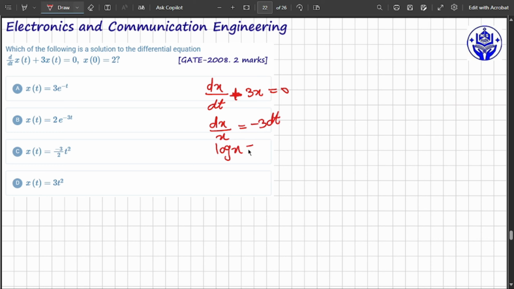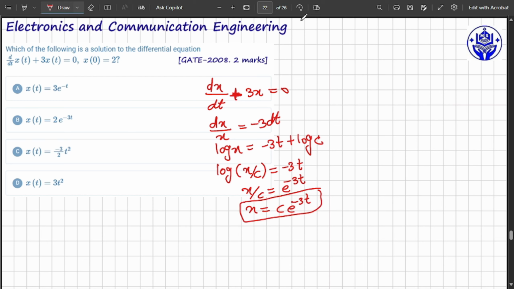Then log of x equals minus 3t plus log of c. Why am I taking this constant in terms of log? Because it is x, then I can just remove the log. So it will be log of x by c equals minus 3t, so x by c equals e to the power minus 3t. Then x equals c e to the power minus 3t.